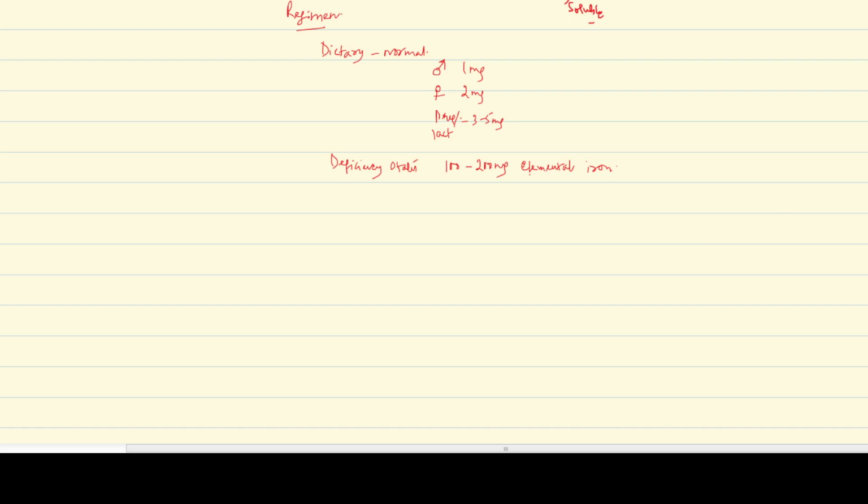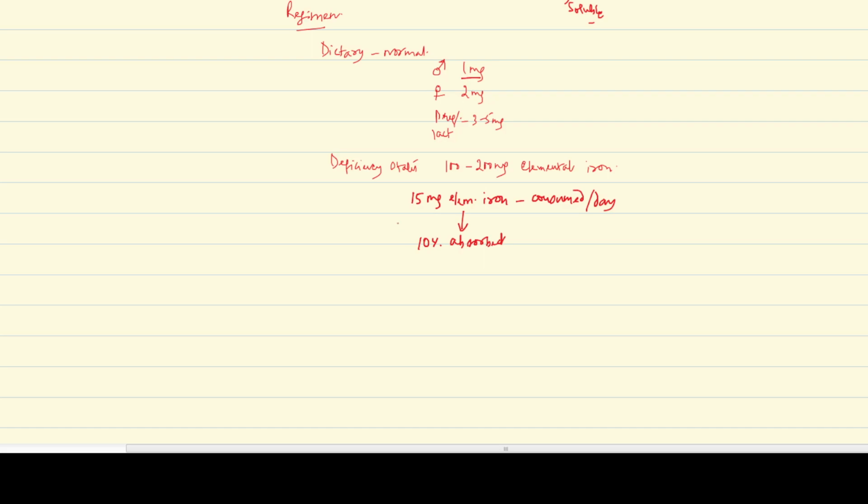The reason being, in a typical Western diet, around 15 milligrams of elemental iron is consumed per day. Of this, what is absorbed is about 10%, so roughly 1.5 milligrams, and that is approximately the daily requirement.